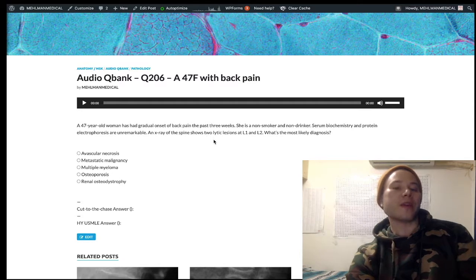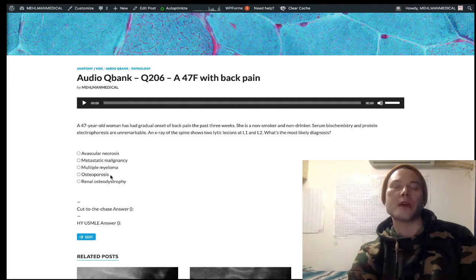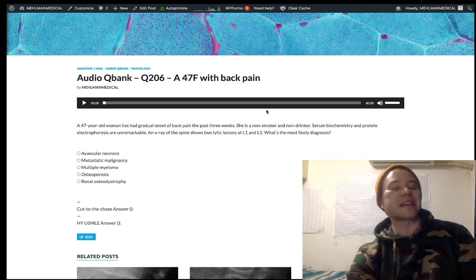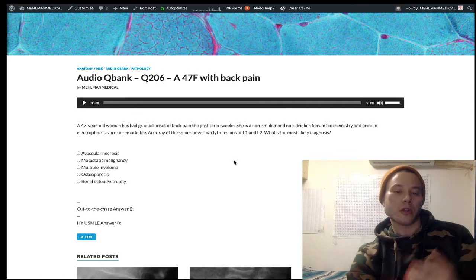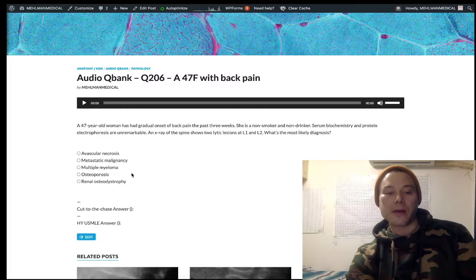They don't really describe it as lytic lesions, so it's easy to conflate the descriptions here, and hence that's why it's a distractor. Some students are like, wait, couldn't that be osteoporosis? But they don't describe it as lytic lesions. They would just say decreased bone density, increased trabeculation of the bone, or bone densitometry shows a decreased density of spine or hip. And I should point out that all your electrolytes are normal for osteoporosis: calcium, phosphate, PTH, ALP, all normal.